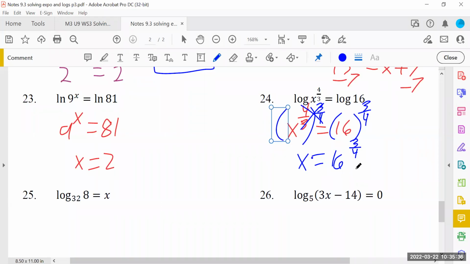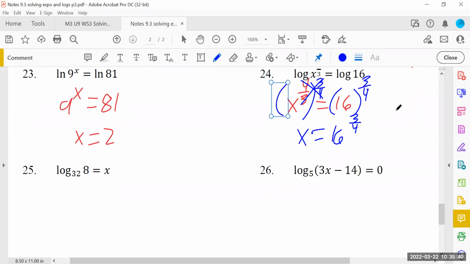It's a review of what you did back in unit 6 of saying, if I have x to a fraction power, I can get rid of that fraction power by raising it to the reciprocal because those multiply, and 4/3 times 3/4, everything cancels. I'm left with just 16 to the 3/4. I can reduce that though.